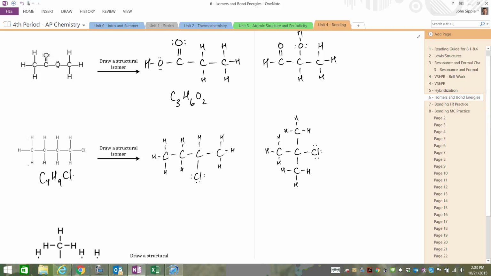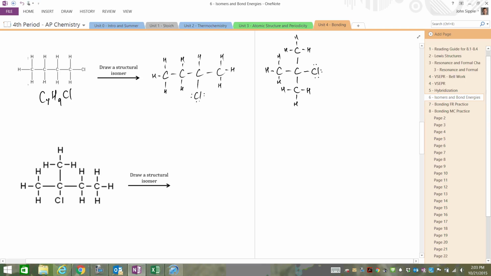As long as your structure works, you just keep drawing, right? So same thing with this one down here.